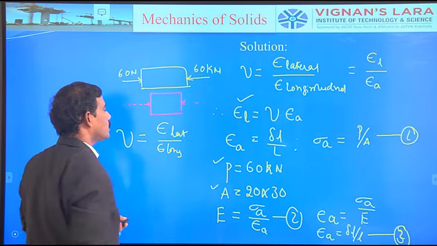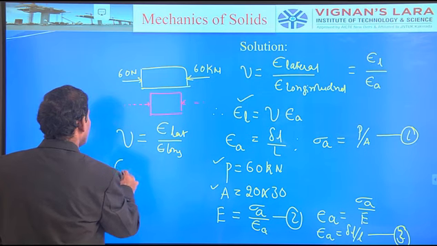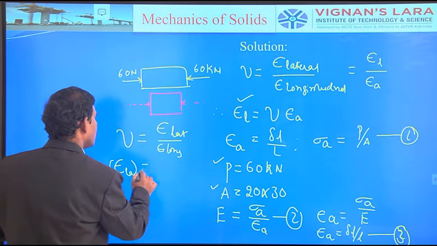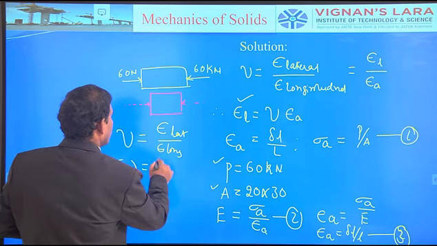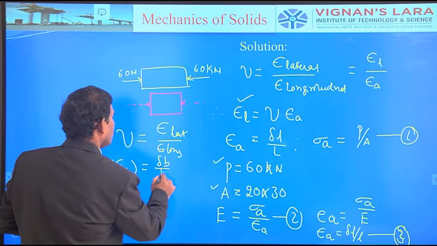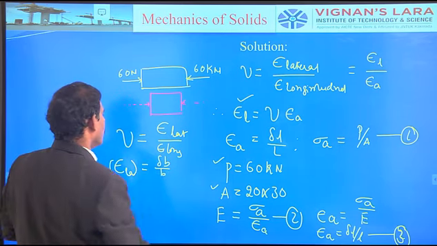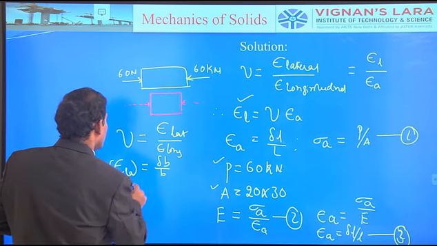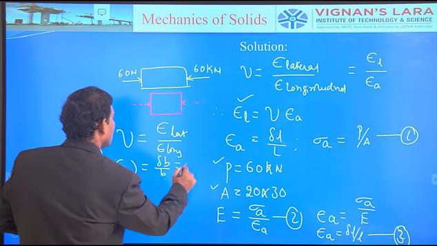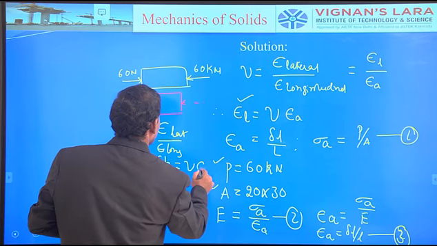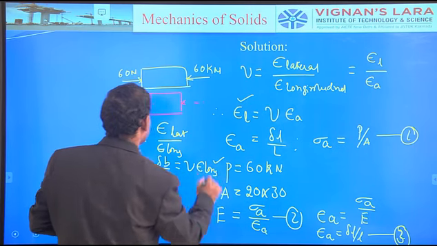Already we know the longitudinal strain. Therefore, lateral strain is represented by delta B by B, which is equal to nu into epsilon, the longitudinal strain.